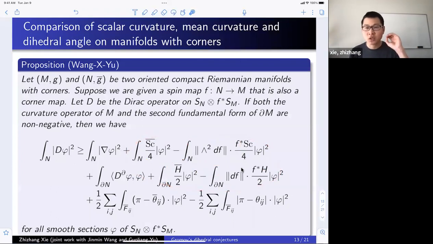But now the delicate part is exactly where we spent quite a few pages explaining all the details to get exactly the dihedral angle comparison. Of course, philosophically speaking, dihedral angles are distributional mean curvature, so they should appear naturally. But to really get these terms on the nose, we do have to spend some time.